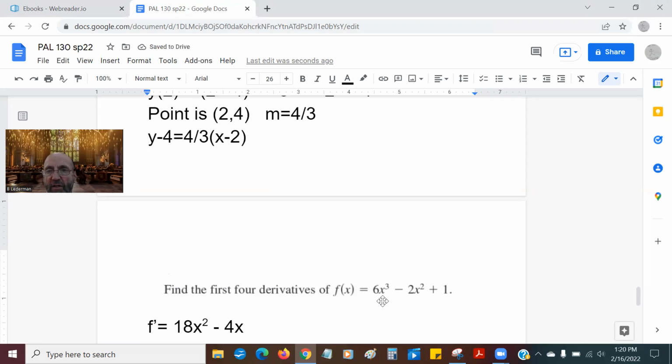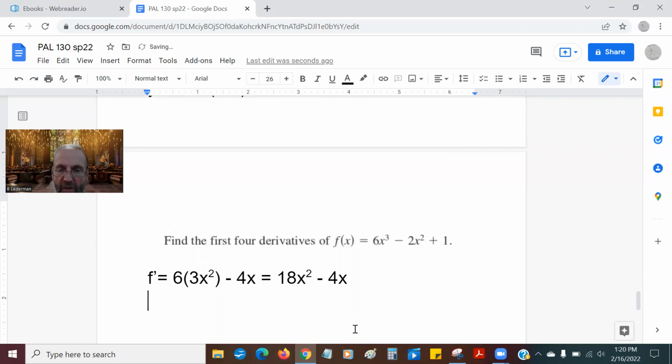Because the derivative of x to the third is 3x squared, but the 3 times the 6 gives me the 18. All right, I'm not going to go through that explicitly every time. That's the idea.